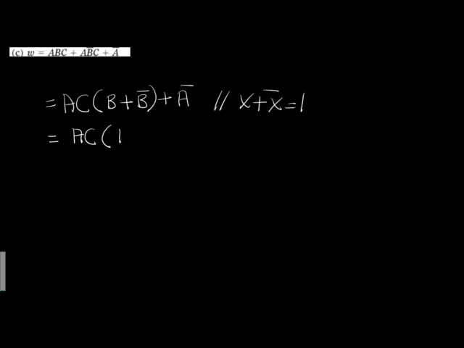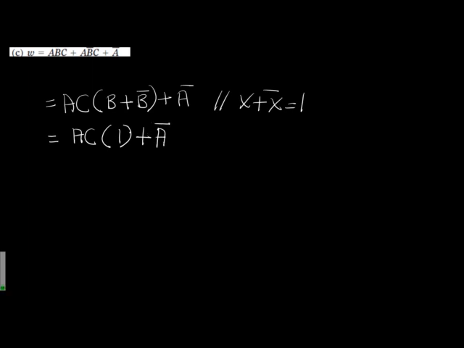For an or, as long as you see at one point there will be a 1 here, then this will be a 0. If this was a 0, this will be a 1. So either one of the time there will be a 1, and a or with a 1 will output 1. Okay, so I got A bar here.